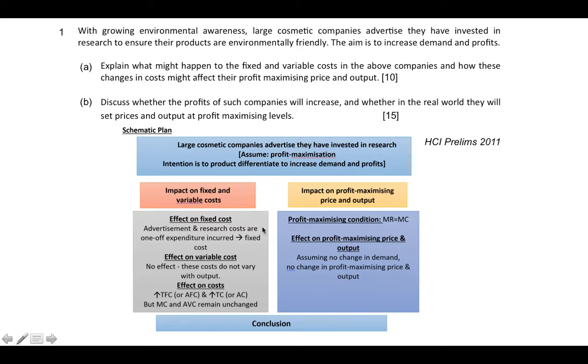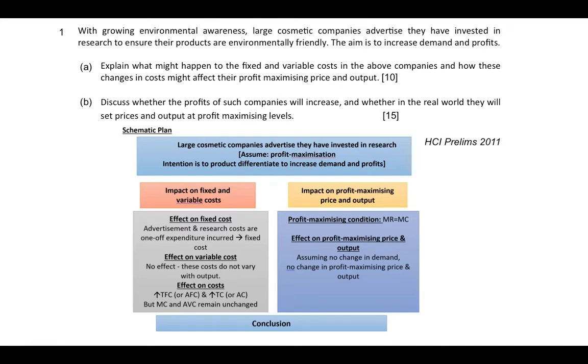So if you remember your profit maximizing condition, MR equal MC. If MC remains unchanged, MR is unchanged as well. Your profit maximizing condition will not change at all, especially if we assume that there's no change in demand. So there won't be any change in profit maximizing price and output due to this change in cost.